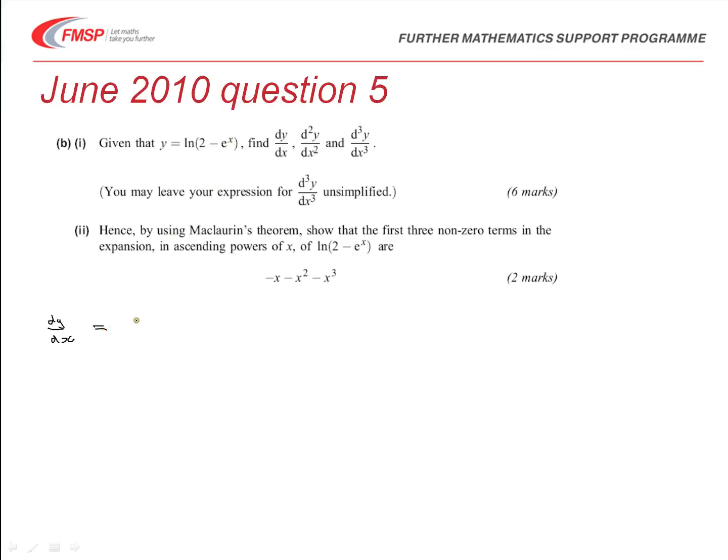So that will give us minus e to the x. So we end up with minus e to the x over 2 minus e to the x. So that's the first part done.